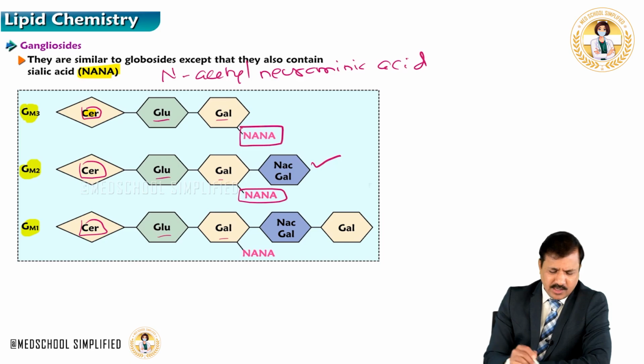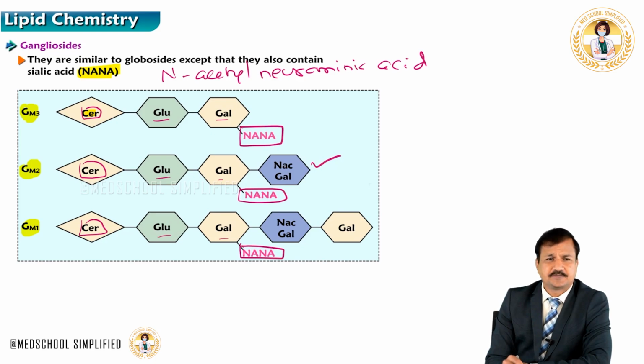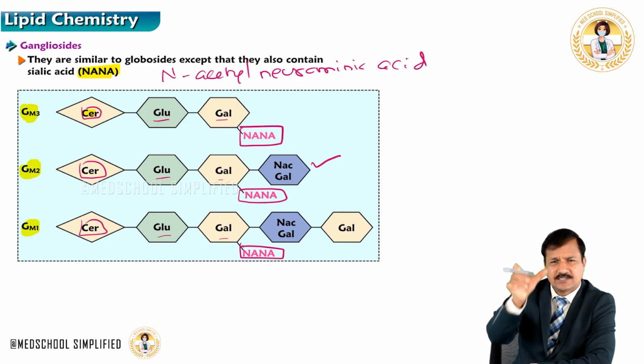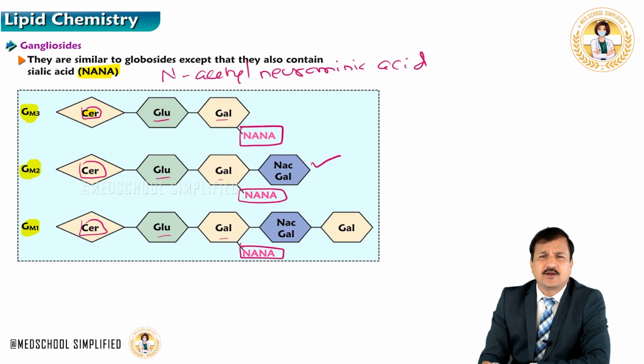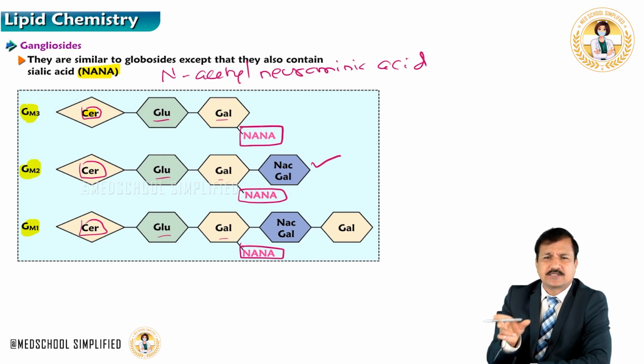And then the GM1, you see there is glucose, galactose, N-acetylneuraminic acid. Now you can say this is found in all gangliosides, GM1, 2, 3. The common thing here is ceramide, glucose, galactose, N-acetylneuraminic acid. All three of them have that. And the GM2 has an additional N-acetylgalactosamine.